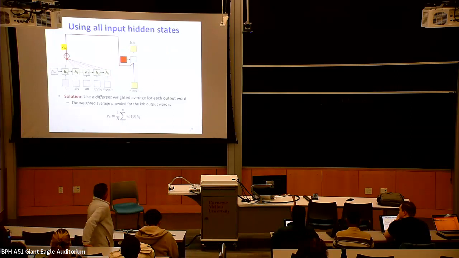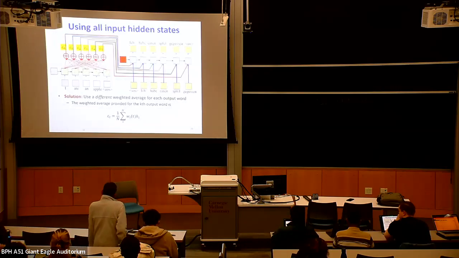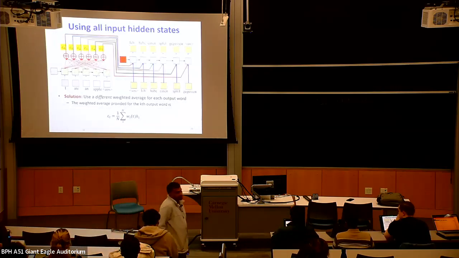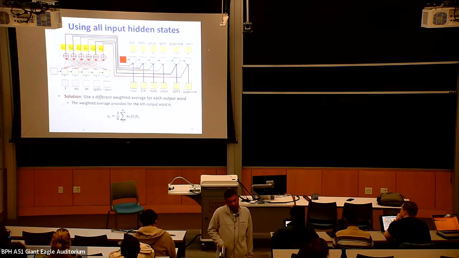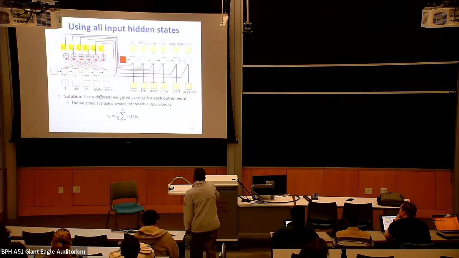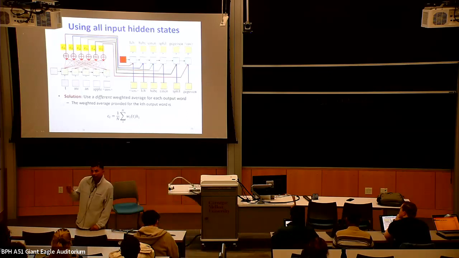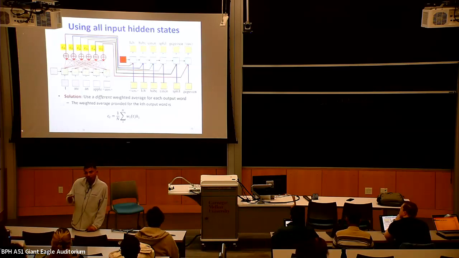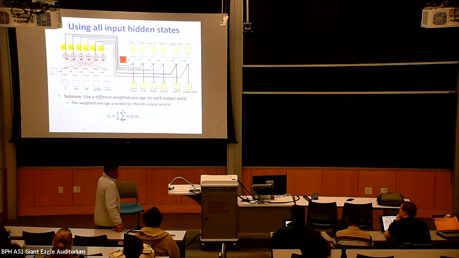So you want to have a different weighted sum of all of these input representations going into the decoder at different times. For each of the words ich, habe, einen, Apfel, and gegessen, in the production of each of these words, you would get a weighted sum of the hidden representations for each of the words in the input. And the weights would be different for each one of these.